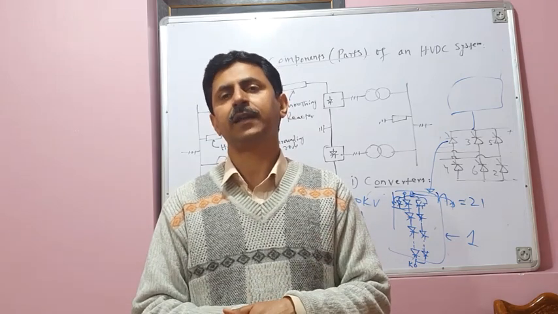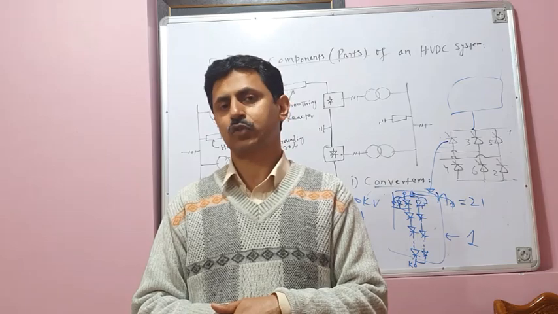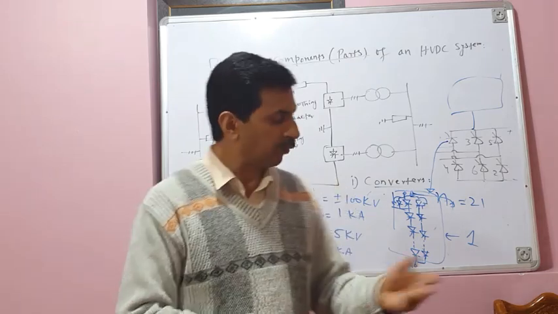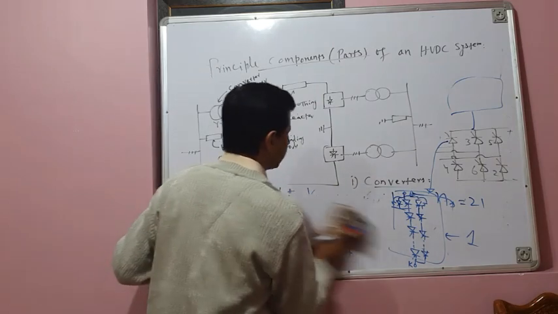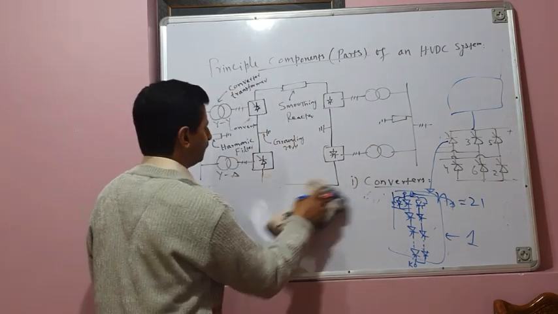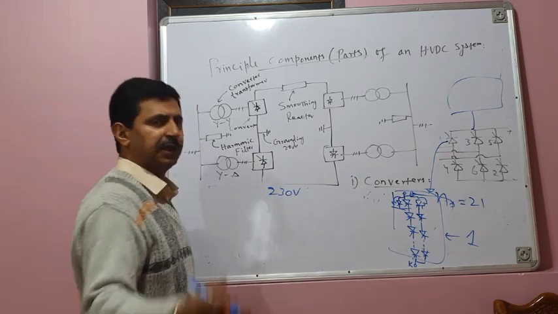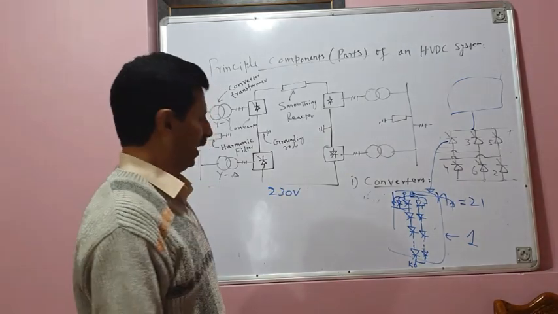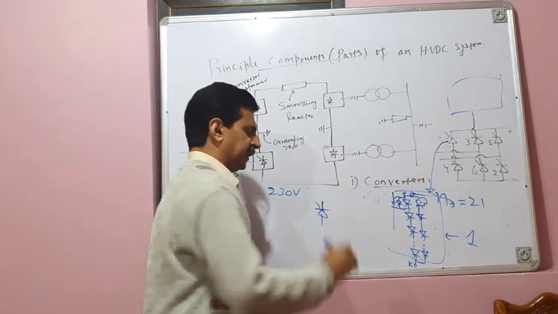The second requirement is that the peak inverse voltage of your thyristor valves should be very high. How do you determine the peak inverse voltage of your thyristor valve? It's interesting. Suppose we take a simple single phase 230 volt AC system, and this is the thyristor valve.